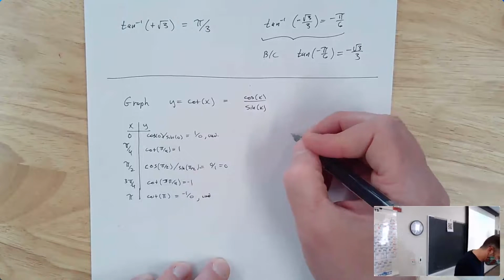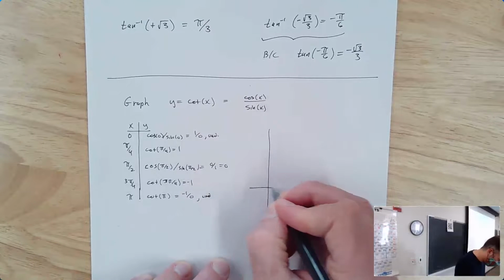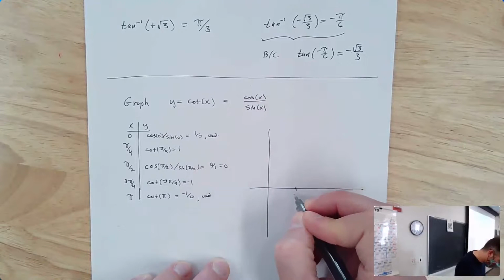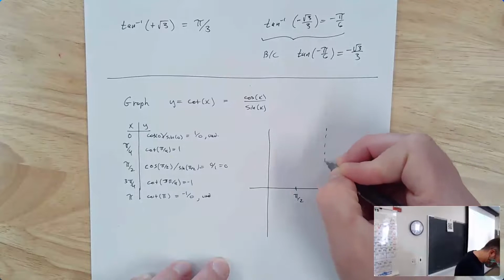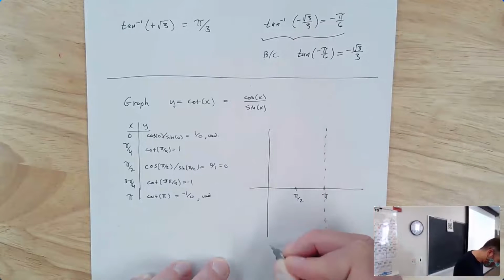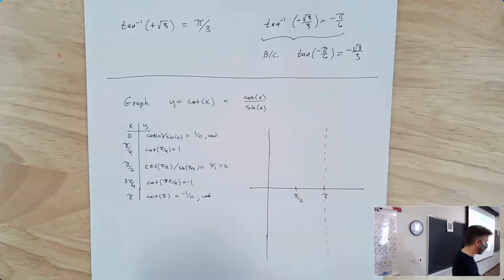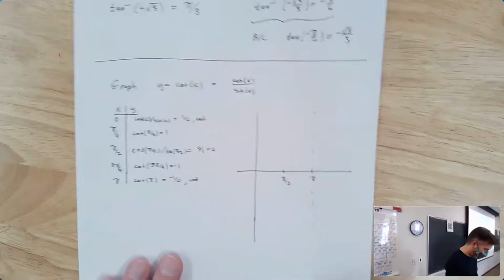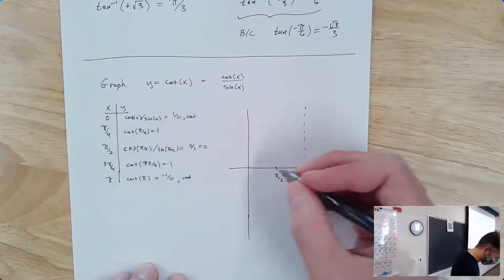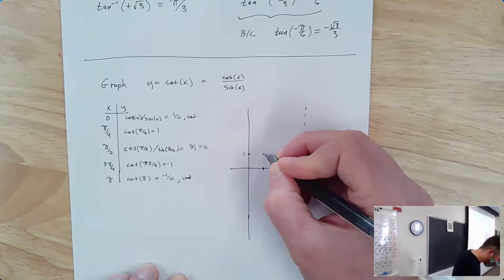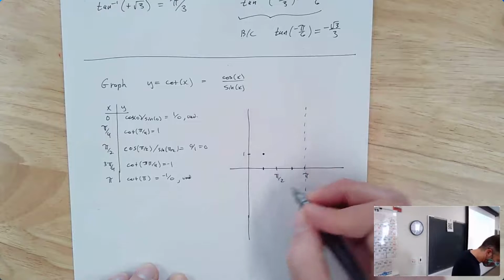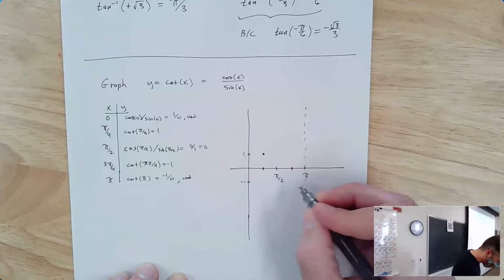So let's look at the graph of this. 2 pi, vertical asymptote at pi, and 0, which I'm not going to draw because there's an axis there. And then we know that cotangent of pi over 4 is positive 1 there. And cotangent of 3 pi over 4 is going to be negative 1.